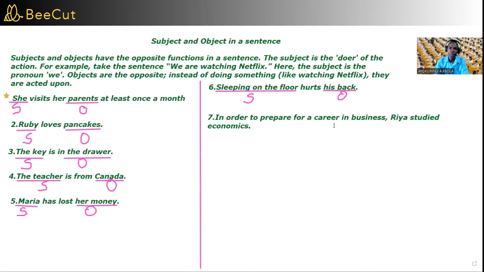In order to prepare for a career in business, Ria studied economics. What did Ria do? Ria did what? Ria is not showing here. It's not showing, but you can see economics. Yes, I can see economics. So what happened to the economics there?